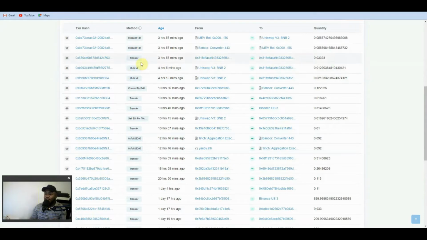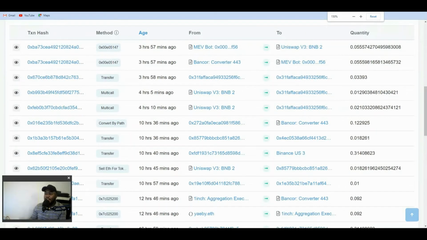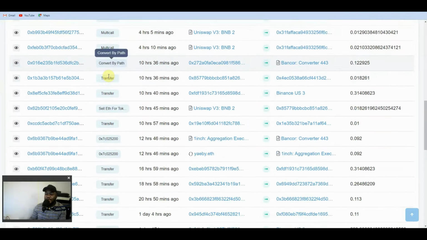Okay, now you can see from here the amount of BNB that is being sent out. All these lines, this particular line here, are the amount of BNB that is being sent out, and all this here is the amount of BNB that is being transferred.